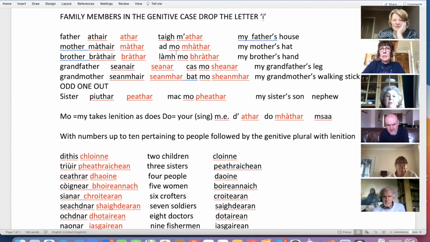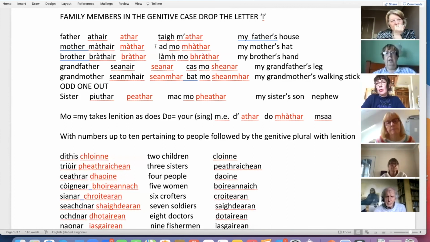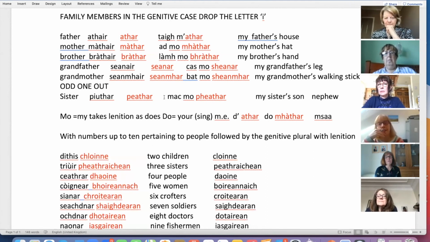My father's car: càr m' athar. M' athar. My mother's dog: cù mo mhàthar. Cù mo mhàthar. My sister's dog: cù mo pheathar. That's it.